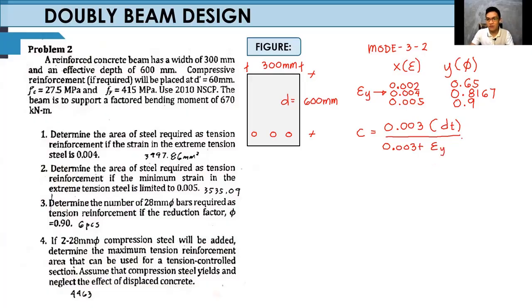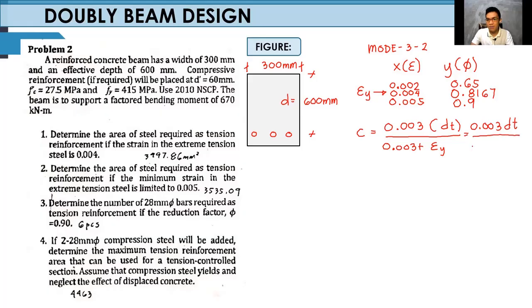Okay. So therefore, lagay lang natin yung kanyang mga values. 'Di ba? So, lagay lang natin dito 0.003 times dt. Ayan.